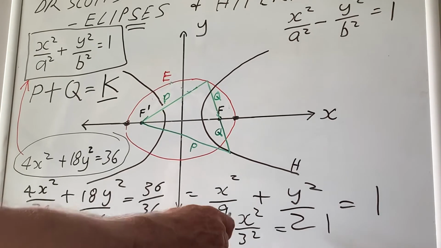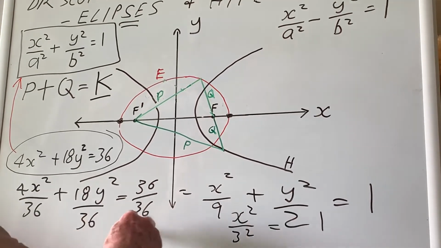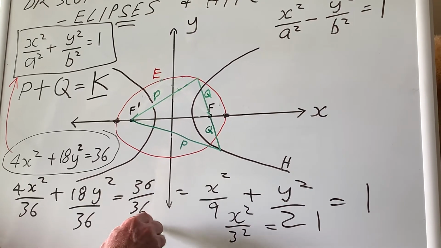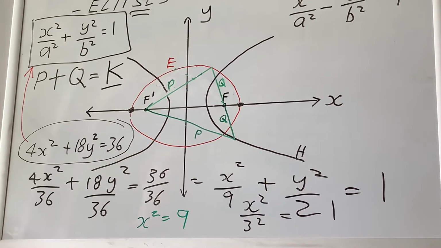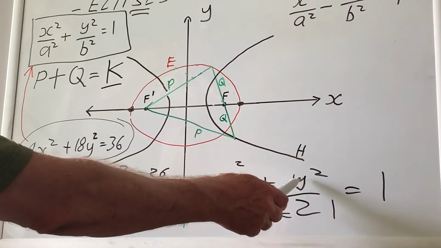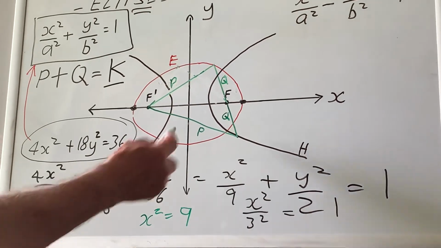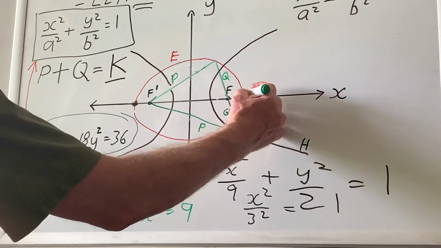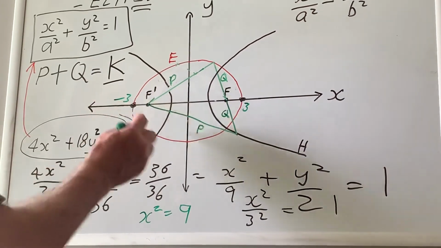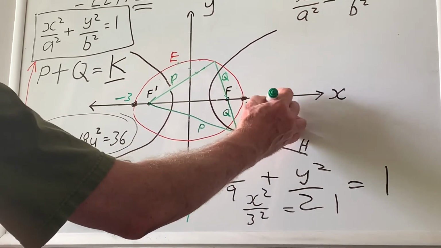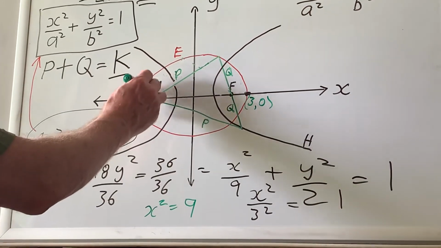If you multiply both sides by 3 squared, you end up with x squared equals 9. So x can either be 3 or minus 3.